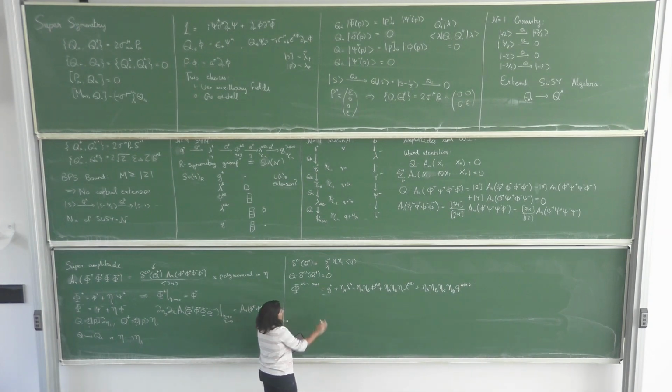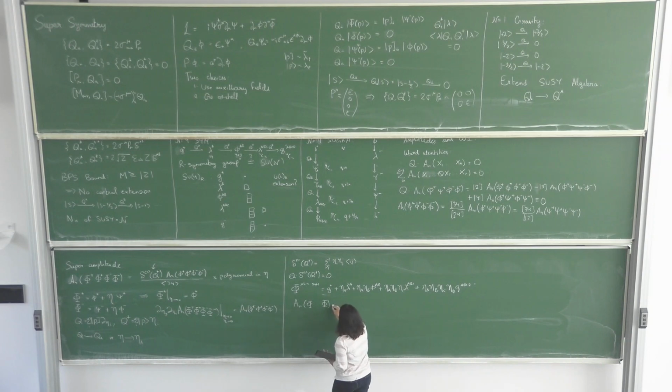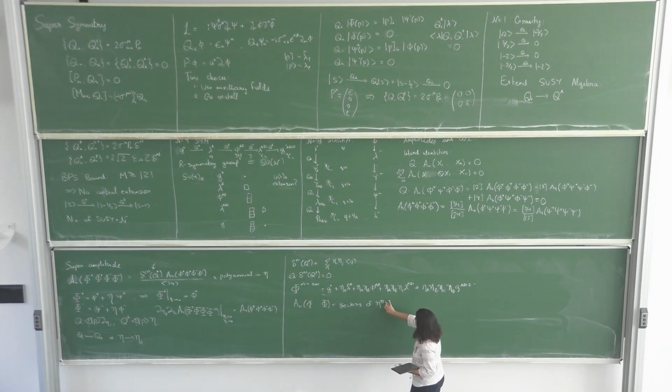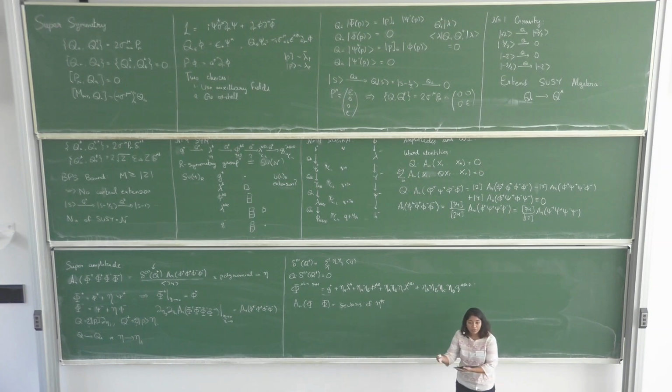Another thing that this tells you is that if I have some n-point super Yang-Mills amplitude, then it's going to break up into sectors of powers of eta to some number, right? And this number is going to tell you whether you're MHV, NMHV, or what sector you're in.